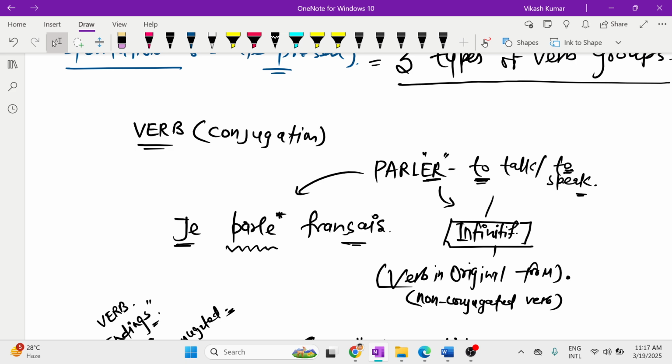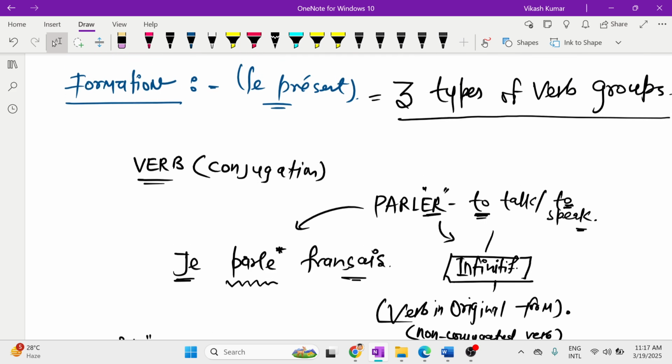So aller is going to get into the third group, because the whole idea of categorization of these verbs is to understand the verb by their endings and their conjugation patterns. If I talk about the first group, all the verbs have the same infinitive endings, like ER endings.